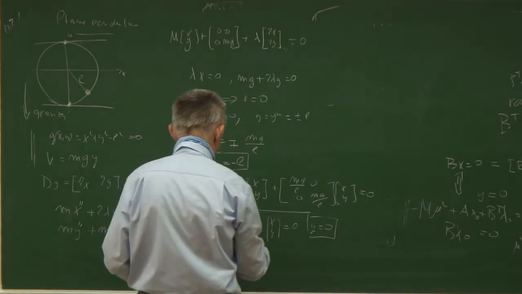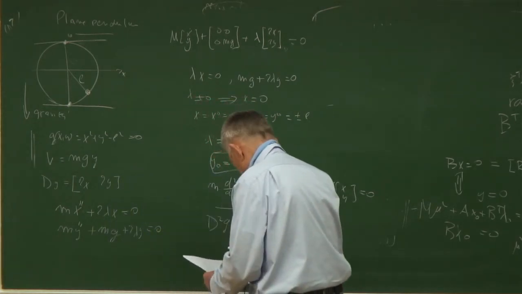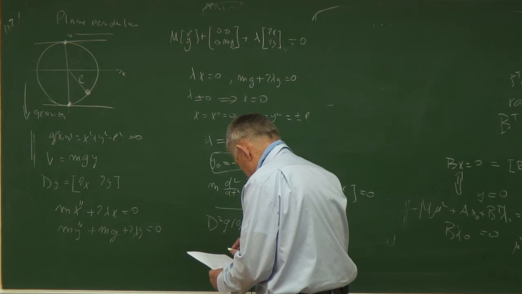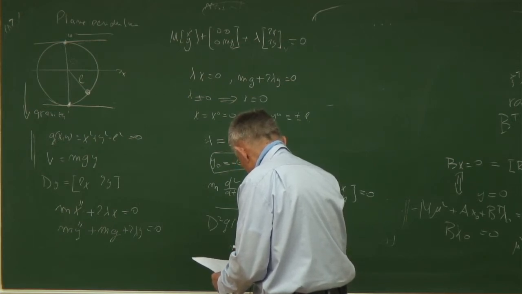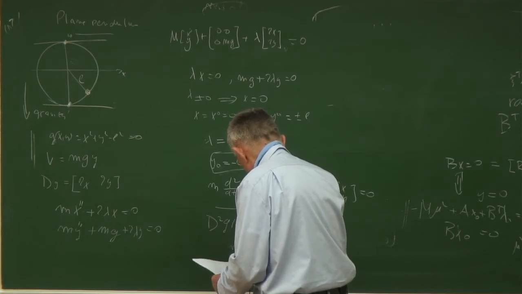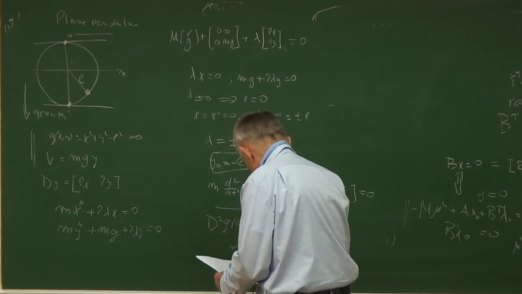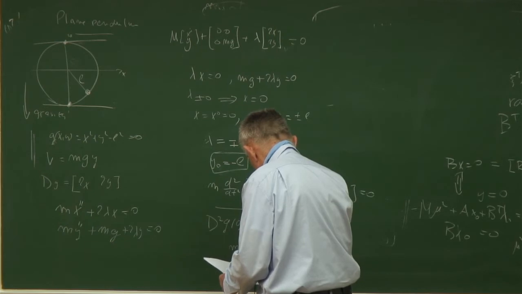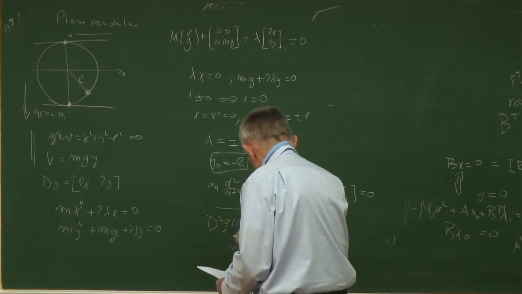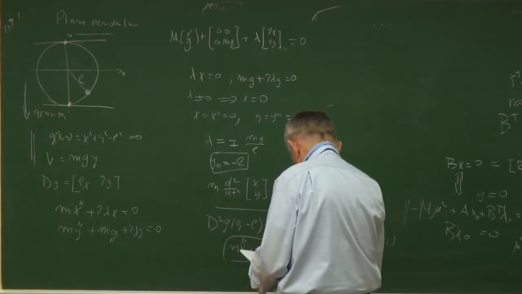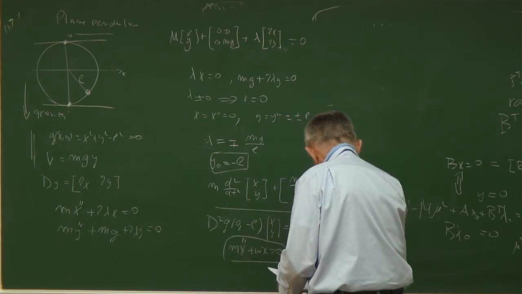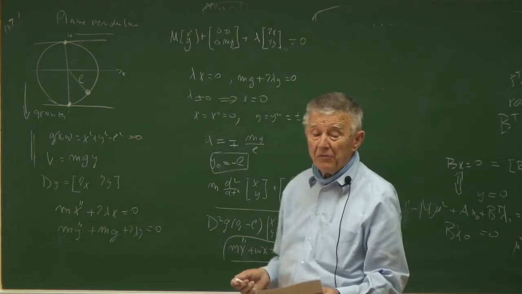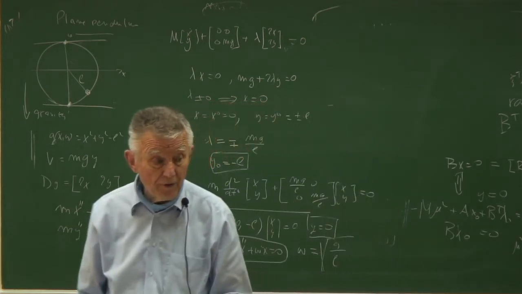And for x, you get the equation x double dot plus omega square x equals to 0, where omega is equal to square root of g over L. The standard formula for pendulum we had already.